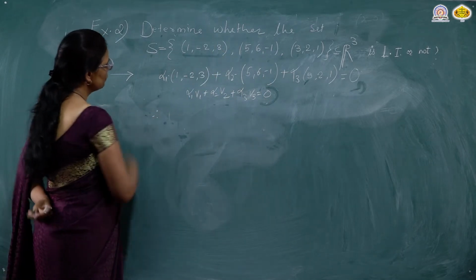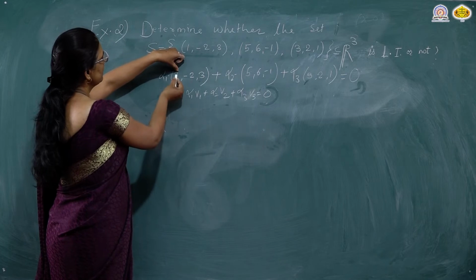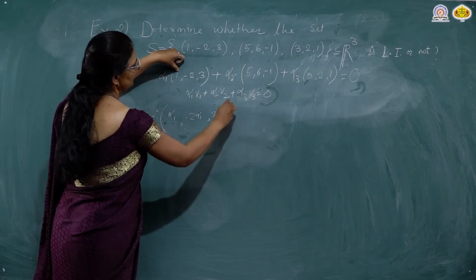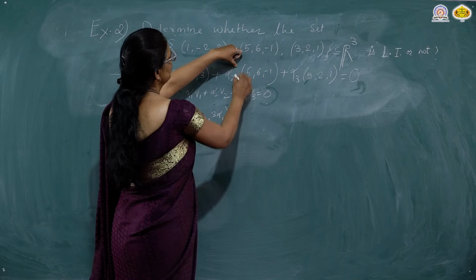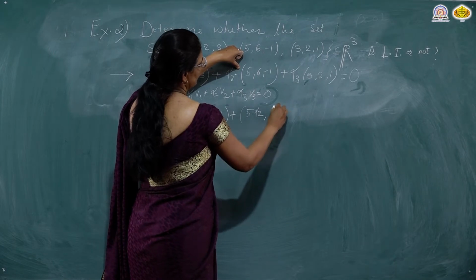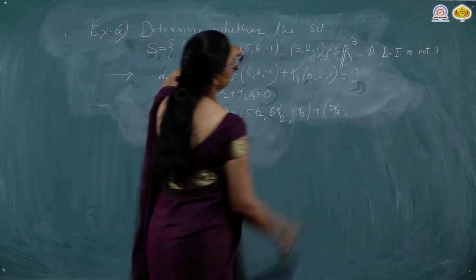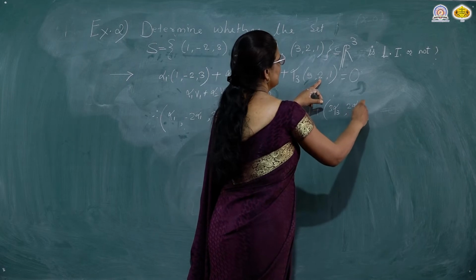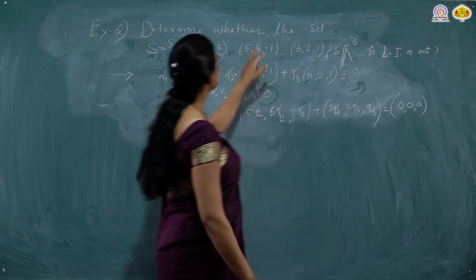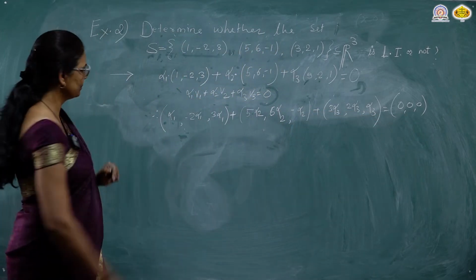So now let us solve this one as usual. Write the scalar multiplication component wise: 1 times alpha 1, minus 2 times alpha 1, 3 times alpha 1, plus do the same here, 5 times alpha 2, 6 times alpha 2, minus alpha 2, plus 3 times alpha 3, 2 times alpha 3, and the right hand side is the 0 vector in R3, which contains all 3 zeros.